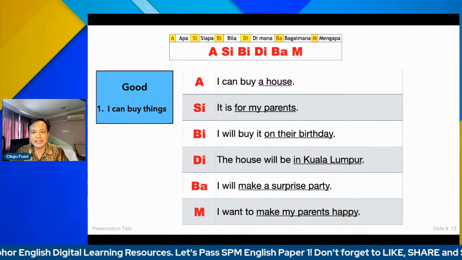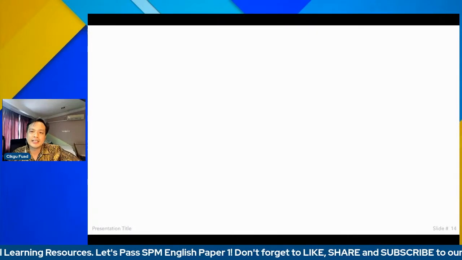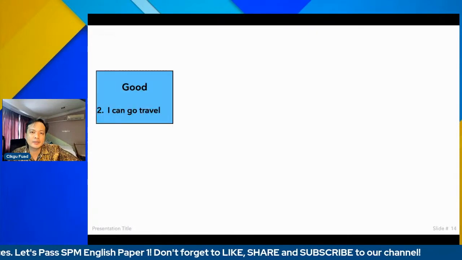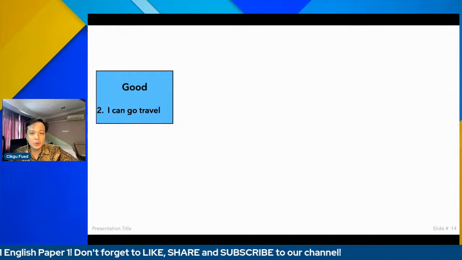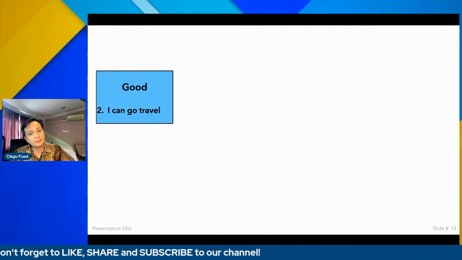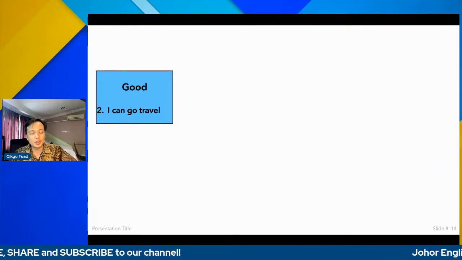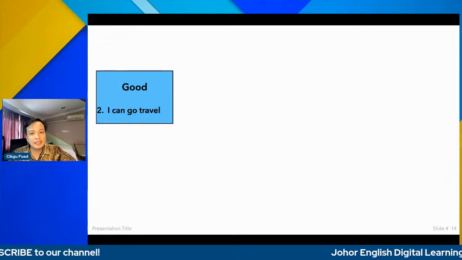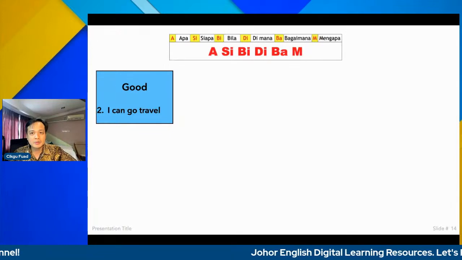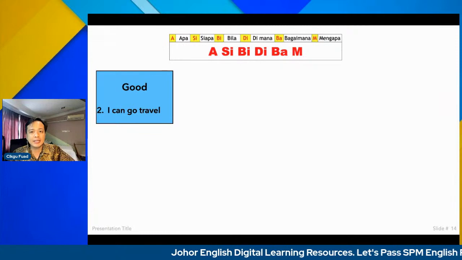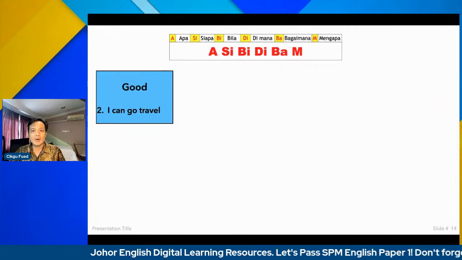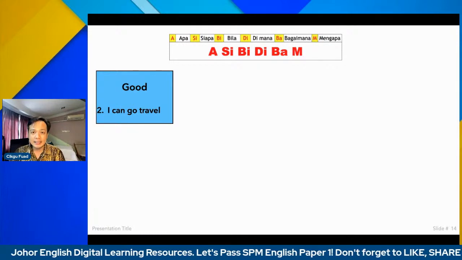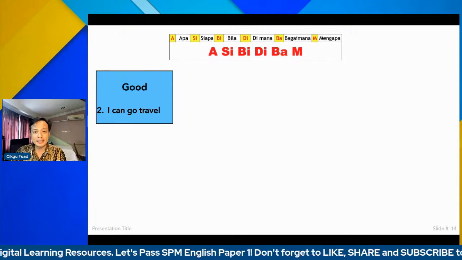Let us look at my second point. The second point that we have just now was good because I can go travel. What is travel? Pergi melancong. Remember the formula that we have just now? We have RCBDBAM. Apa, siapa, bila, di mana, bagaimana, dan mengapa.